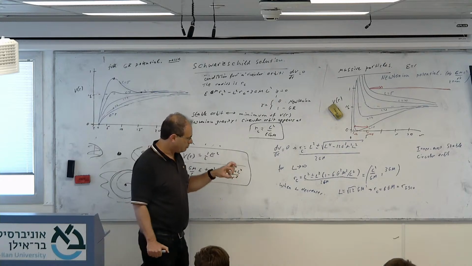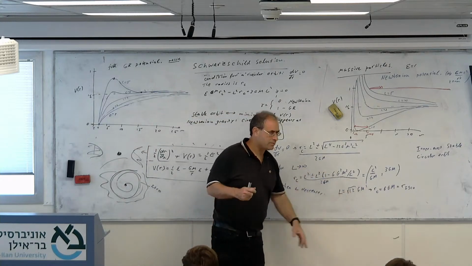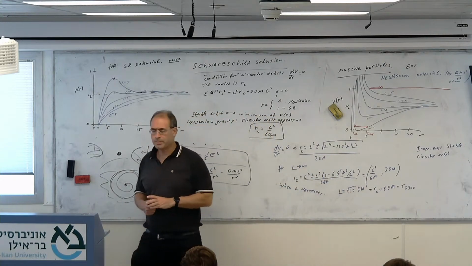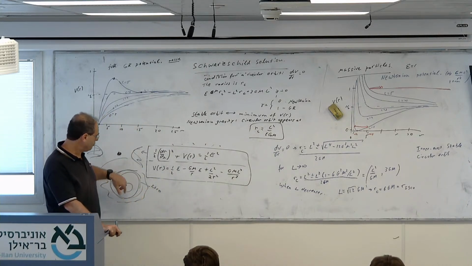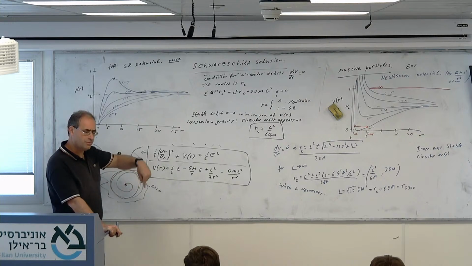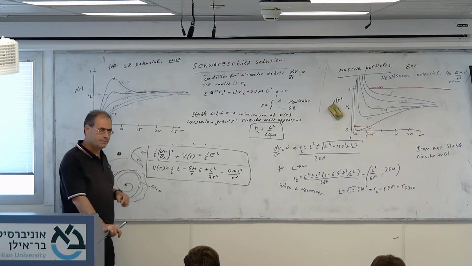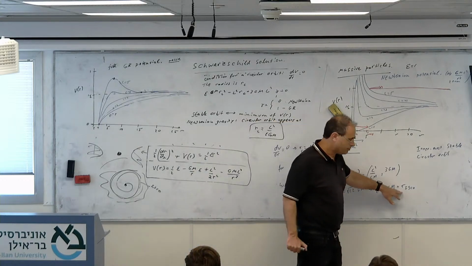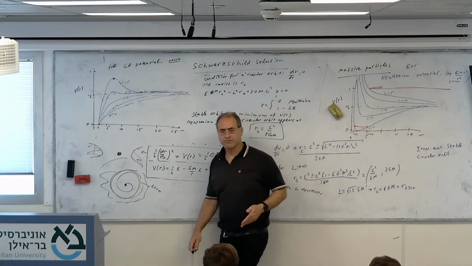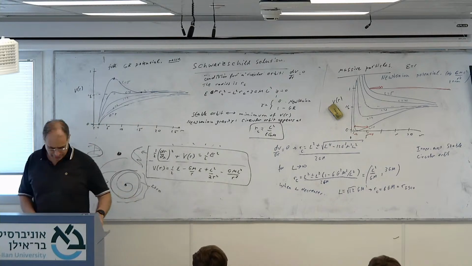It is further inward. It's not 6 GM, but more like 2 or 3 GM. So people are trying to use this technique alongside other techniques, not only to measure the mass, but also to measure the spin. So this is actually quite useful for astronomers that try to infer properties of black holes.